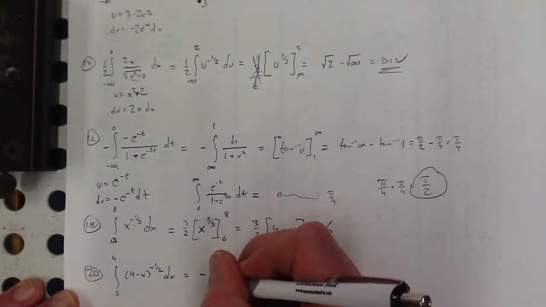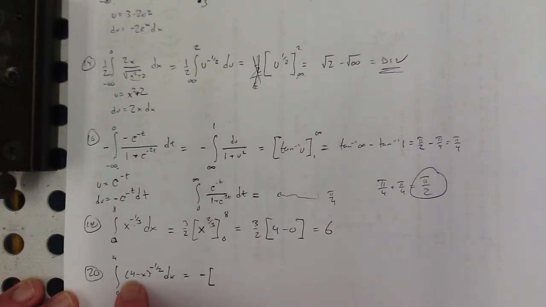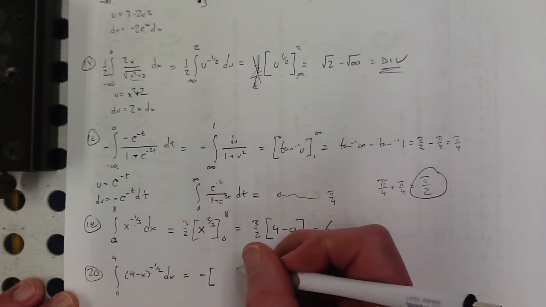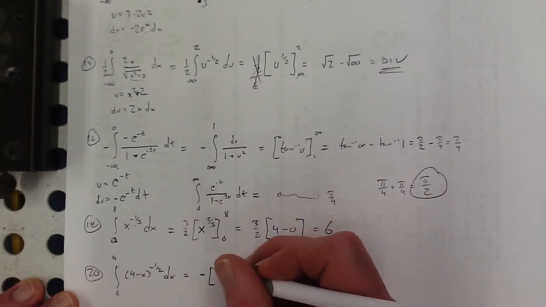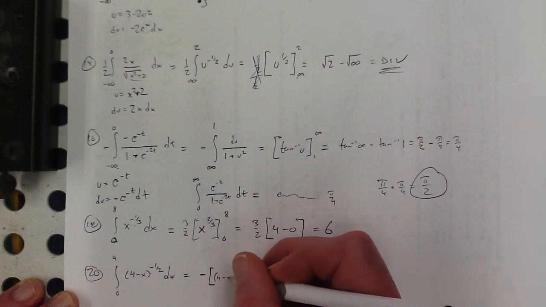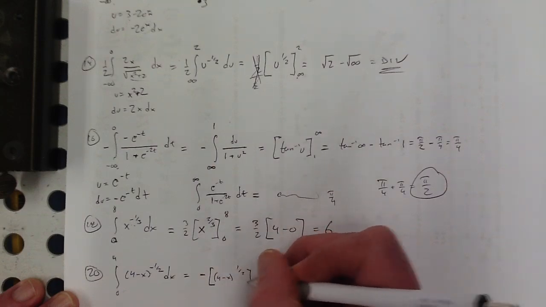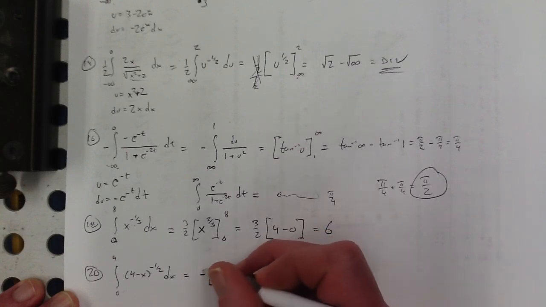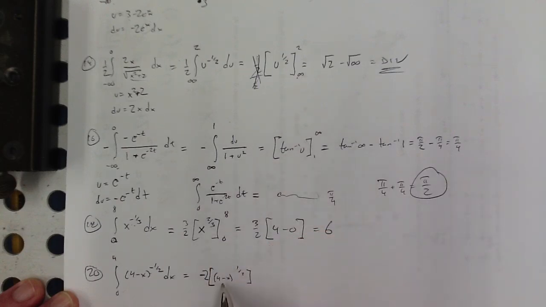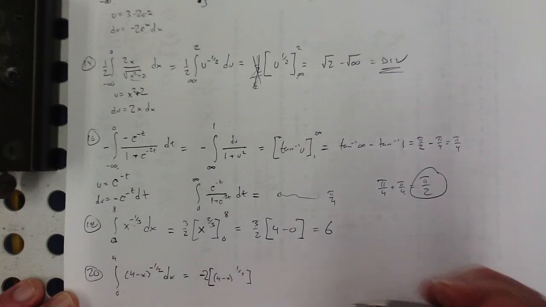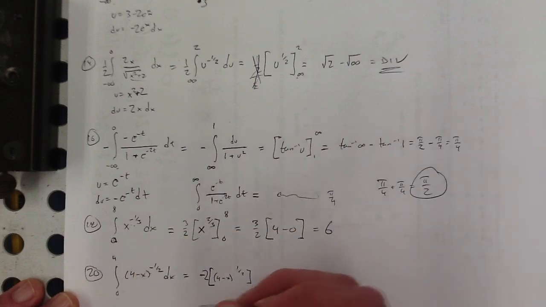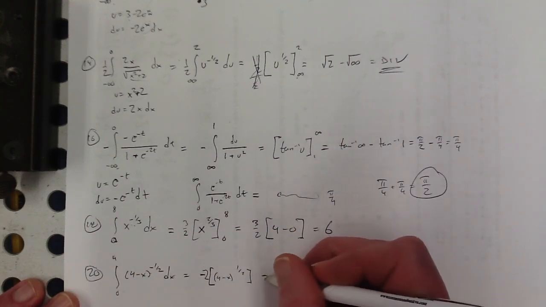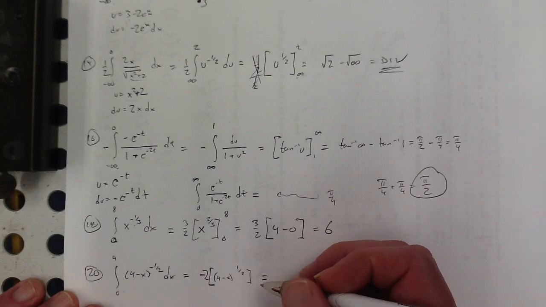So the antiderivative of something to the negative 1/2, add 1 to the exponent, and then divide by the new exponent. Dividing by 1/2 is the same as multiplying by 2. And then the negative sign because this was a negative x, right? So I'm like dividing by negative 1 there. You can write out a u substitution there if you like, if that makes you feel better about it. Totally fine.